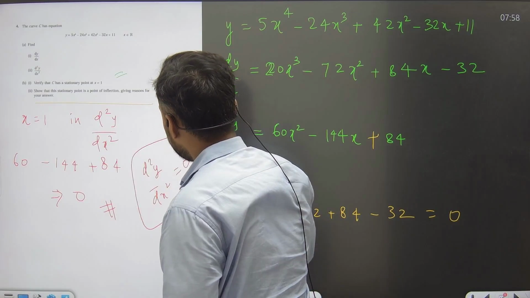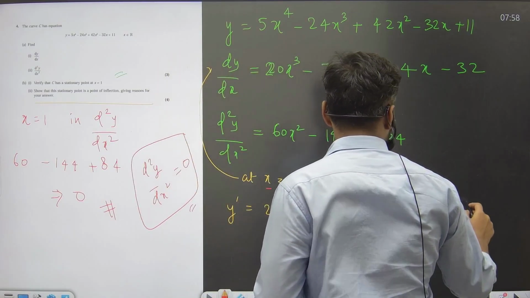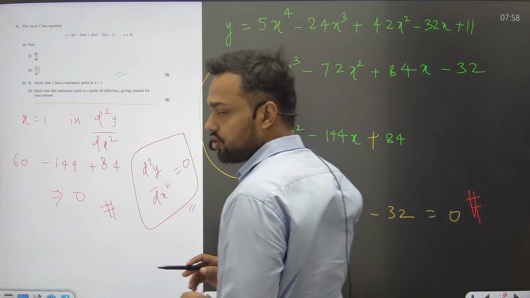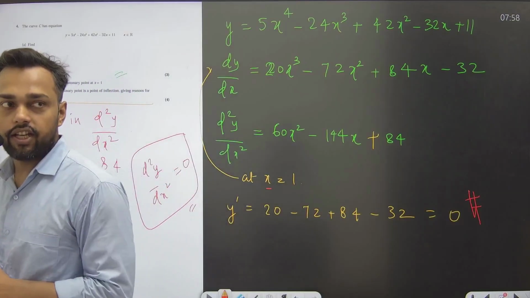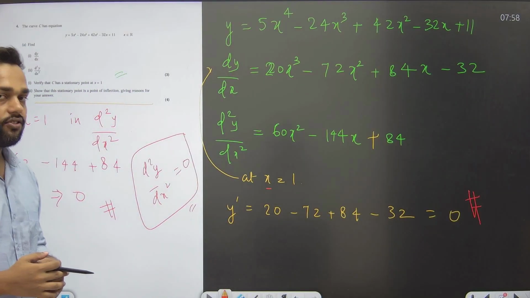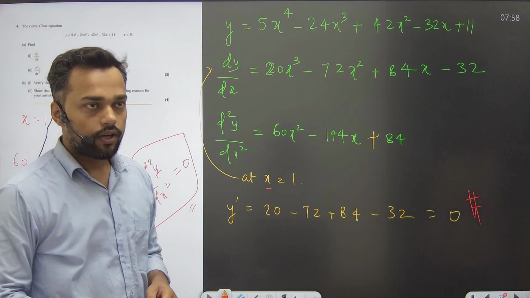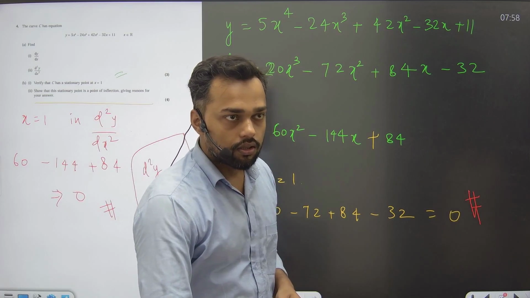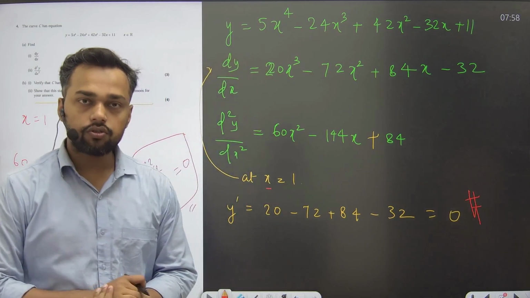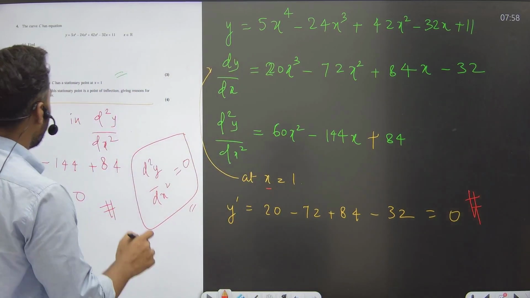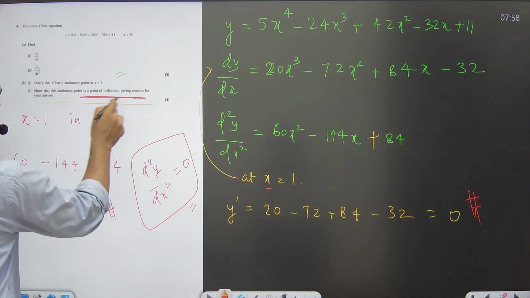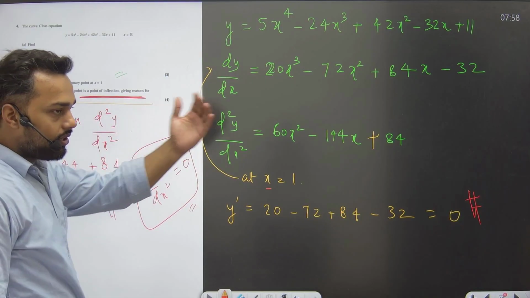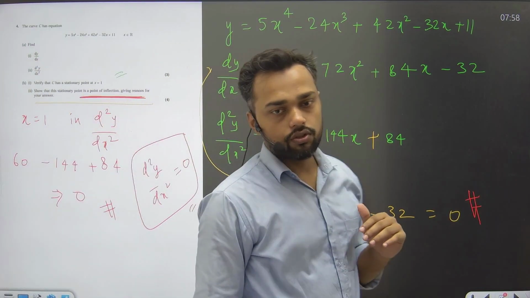So this part is 0 and this part is also 0. The differentiation of y with respect to x is 0, and similarly d2y by dx2 is also 0. So we can say that this is a point of inflection, because dy by dx is 0 and d2y by dx2 is also 0.